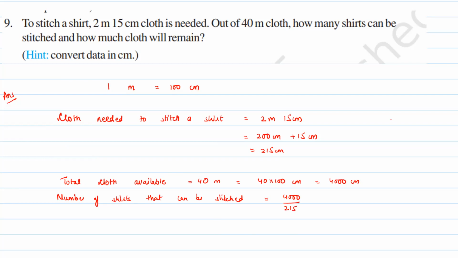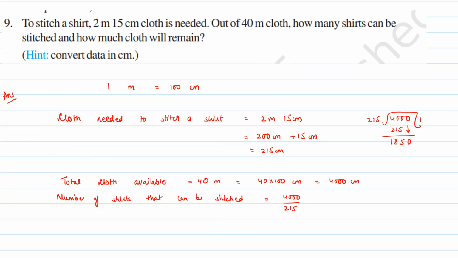Now how will we divide it? We will do it like this. It will be 215, 5 and 8 and 1. Now this 0 will come down. Now tell me, 215 multiplied by which number?